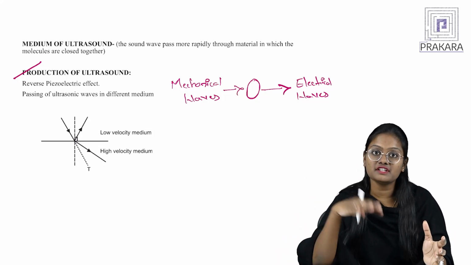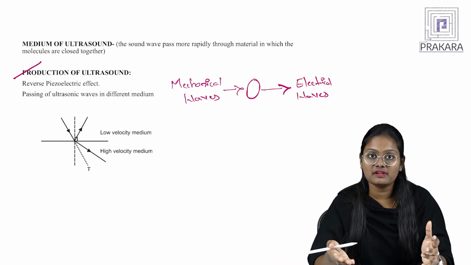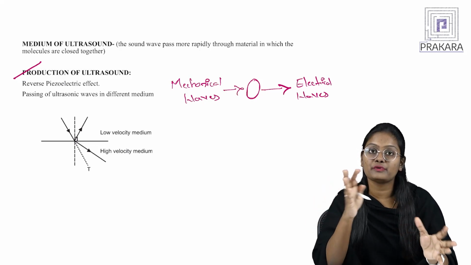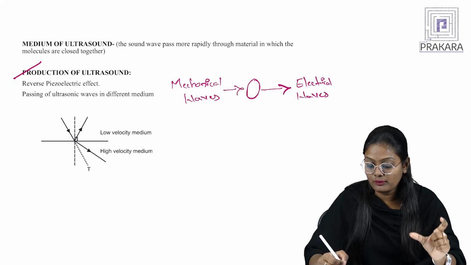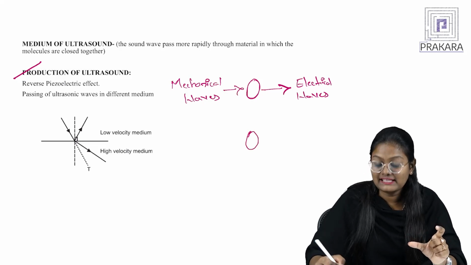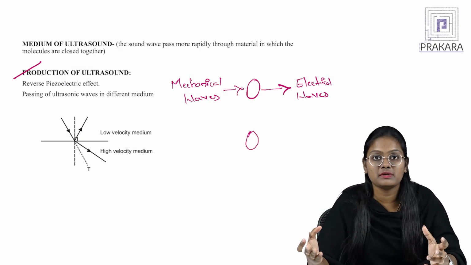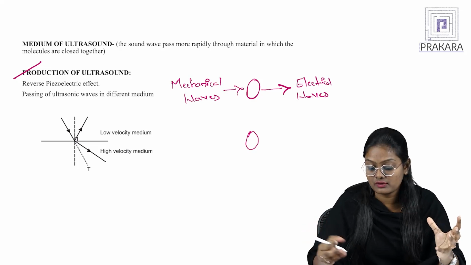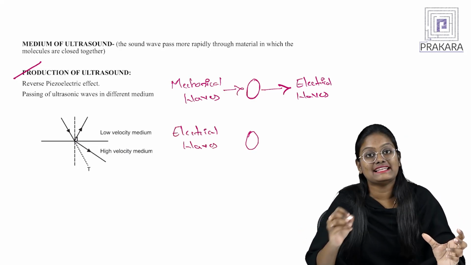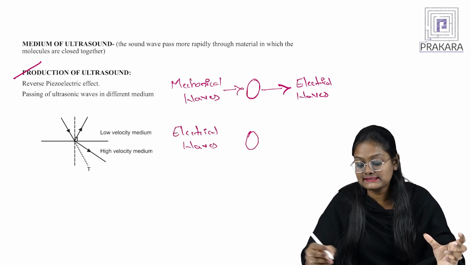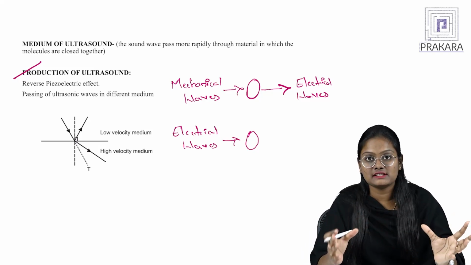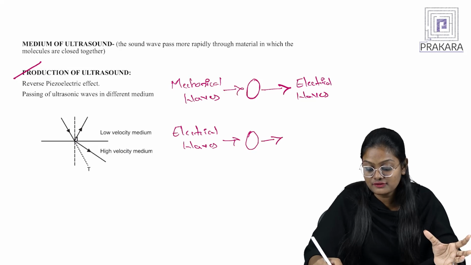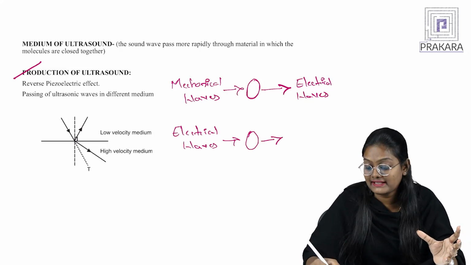Now what is the reverse piezoelectric effect? It is completely opposite to the piezoelectric effect. That's why it's called reverse. So we have a crystal again, and here we send electrical waves, maybe high frequency currents. When the electrical waves are sent through the crystal, again the potential difference will happen, the crystal will change its form, and it will lead to the production of mechanical waves.